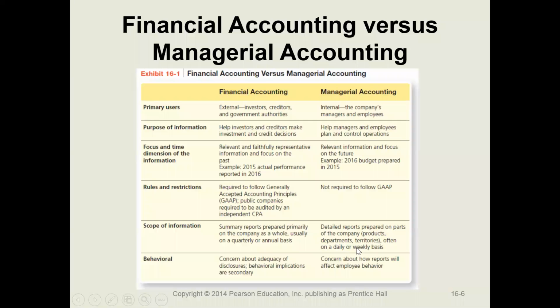Whereas in managerial accounting, detailed reports are prepared not only for the company as a whole, but also for segments of the company, like different products, different departments, different geographic territories. And sometimes these reports are prepared on a daily or weekly basis. In order to manage a company, you need current information. So reports are prepared much more frequently for managerial accounting than for financial accounting.